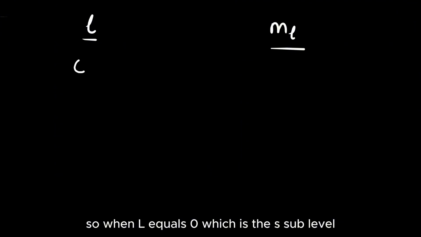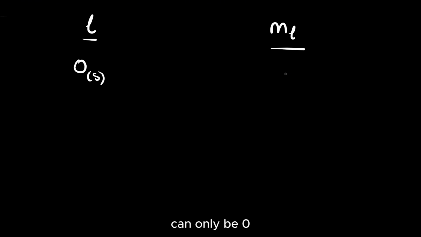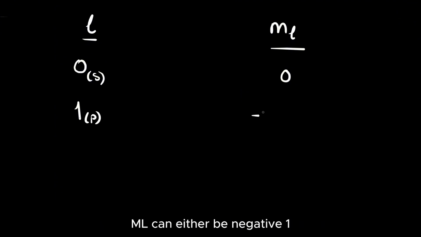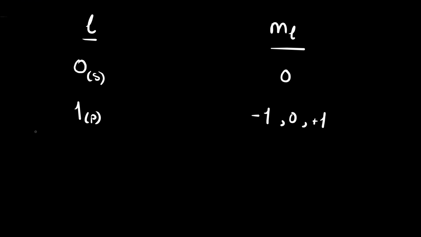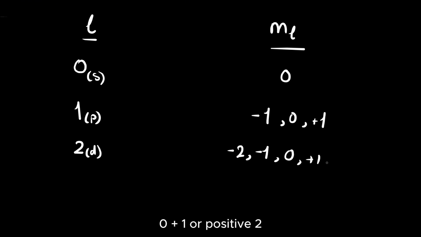So now let's talk about the relationship between the angular momentum quantum number and the magnetic quantum number. When L equals 0, which is the S sublevel, the ML, or the magnetic quantum number, can only be 0. When L equals 1, which is the P sublevel, ML can either be -1, 0, or +1. When L equals 2, which is the D sublevel, ML can be either -2, -1, 0, +1, or +2.